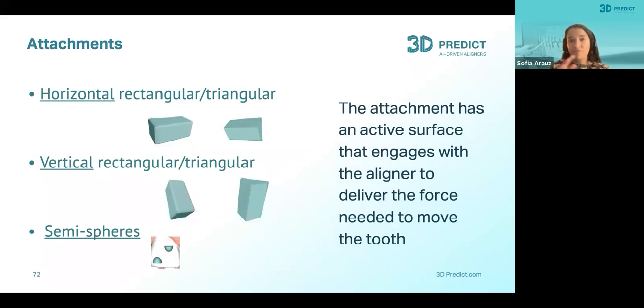So when you have a half moon attachment, it's very hard to polish it. So it causes a lot of excess composite, which can affect the fit of your aligner and can cause refinements down the line. So please know, the shapes are going to give you the predictability you need.